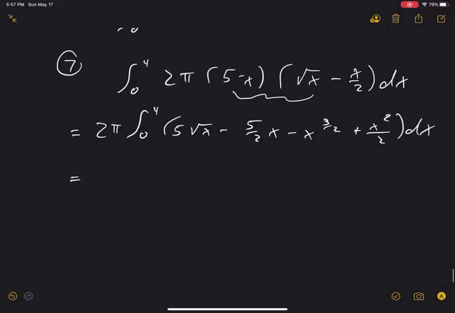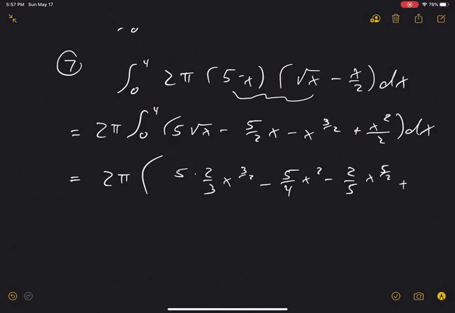Now I need to integrate. Okay, so it's kind of ugly. So let's go ahead and plug in our values.